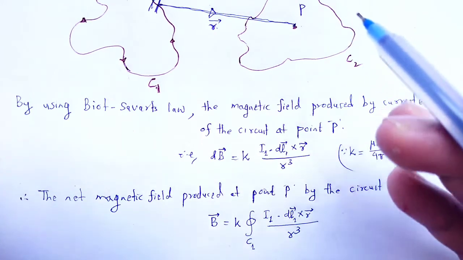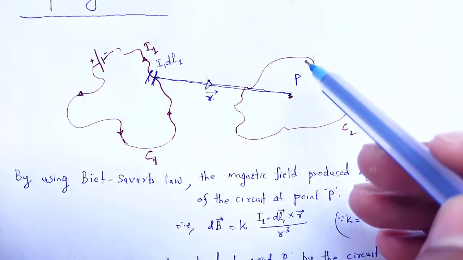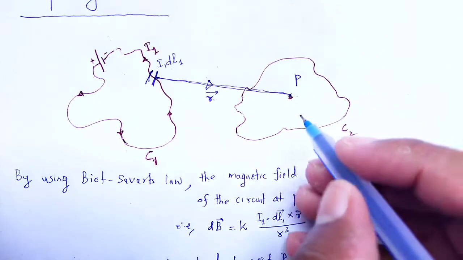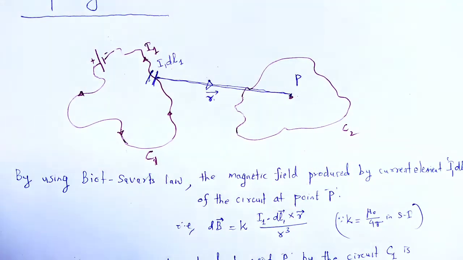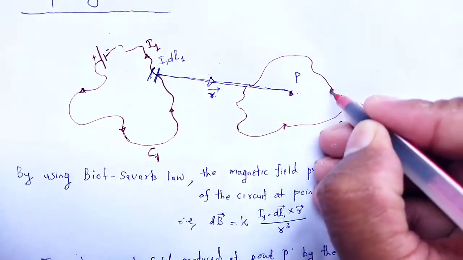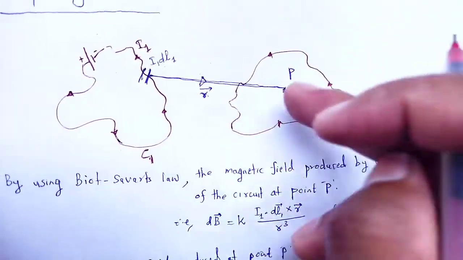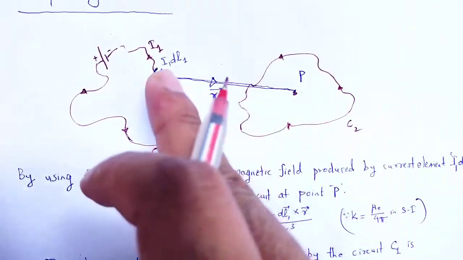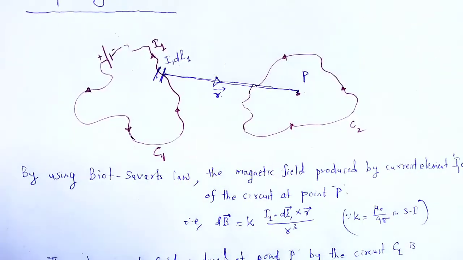Now, let us write the expression for magnetic flux linked with that circuit C2. What will be the magnetic flux? There will be the magnetic field intensity at point P, there will be the magnetic field lines.